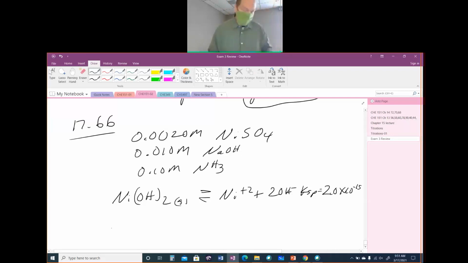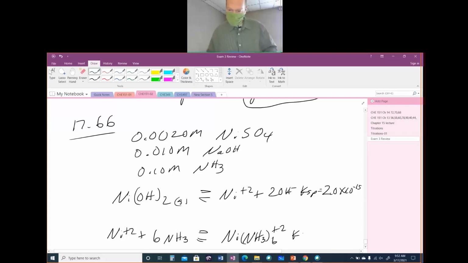We are also given a Kf, and that is for our Ni plus 2 plus 6 NH3 in equilibrium with our Ni(NH3)6 plus 2, and that has a Kf off the chart. 5.6 times 10 to the 8th.